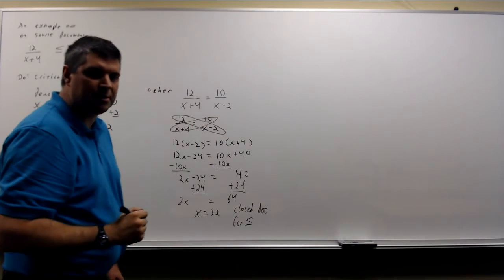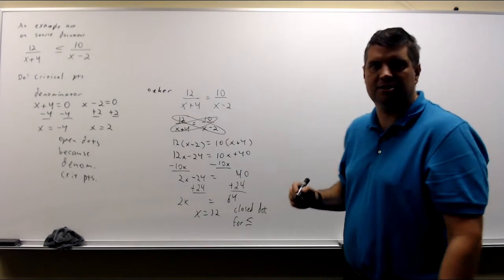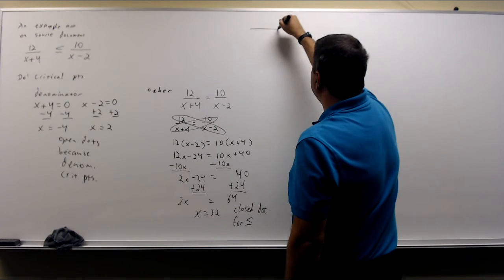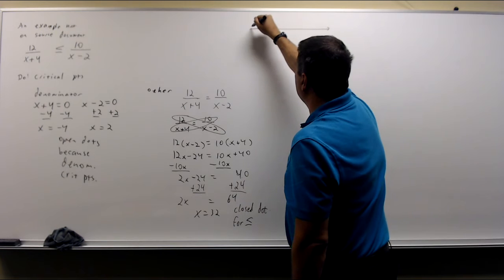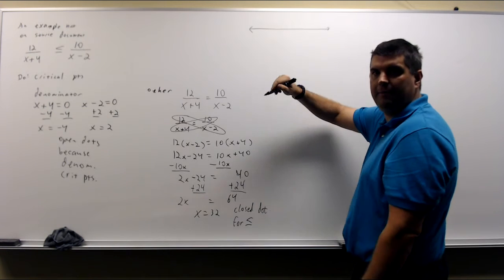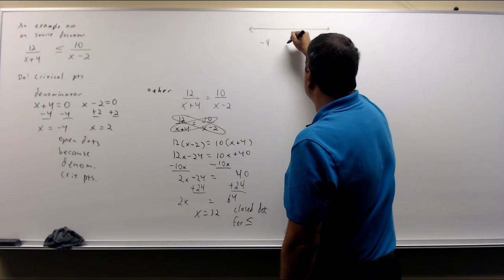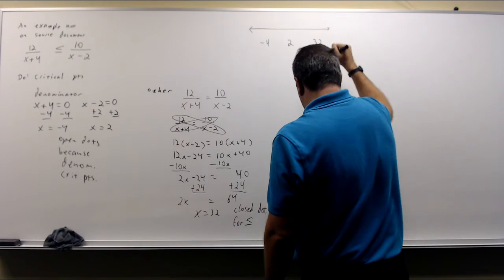Okay, so now it's time to plot the points on the number line and test the regions. Space will be at a premium, so I'm going to go all the way up here. I have negative 4, 2, and 32.